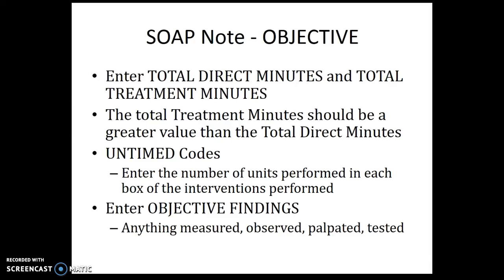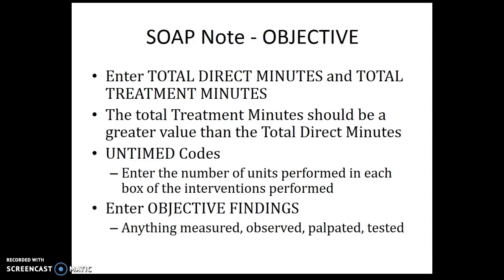What we are also going to do is look for the title called Untimed Codes. In here, this is where we enter our billing units, and this correlates to the number of minutes that we've spent with our patient. Typically we say that 1 unit equals about 15 minutes of treatment. So let's say we did 15 minutes of therapeutic exercise, that would be 1 unit of TheraX.